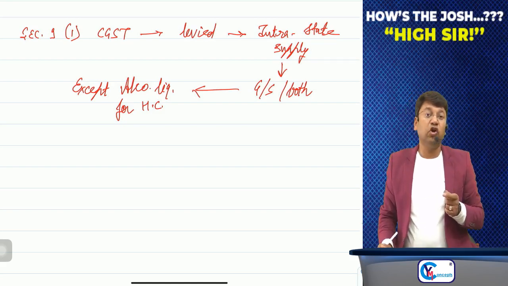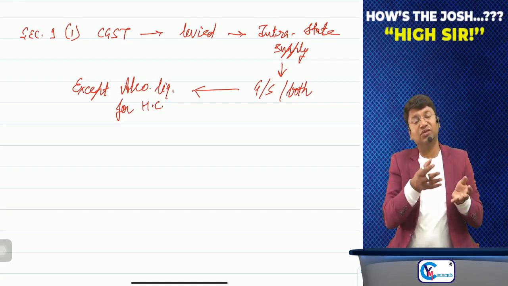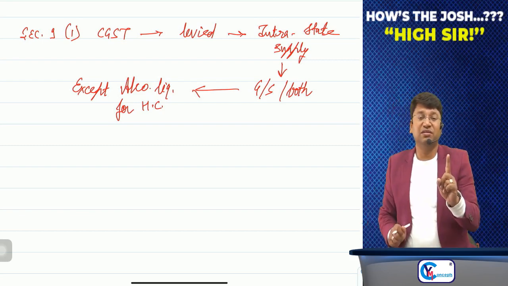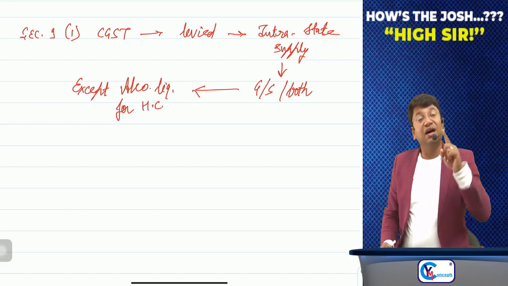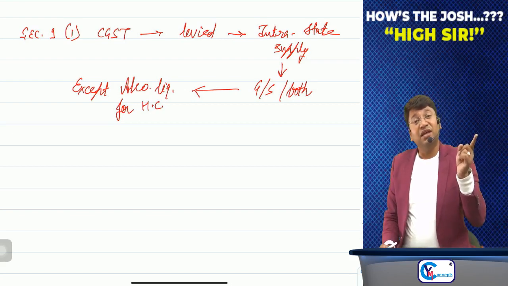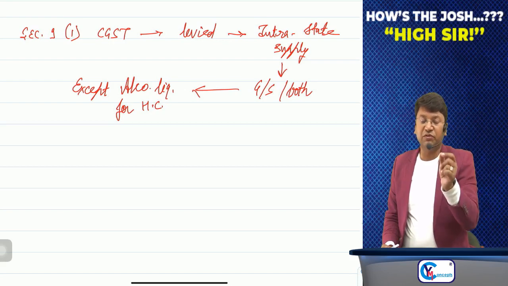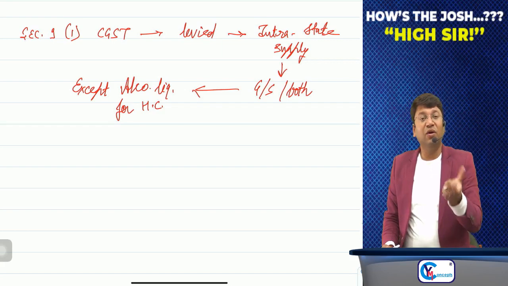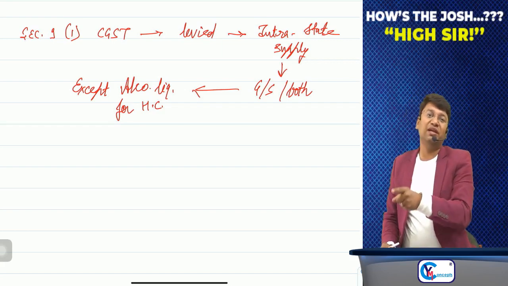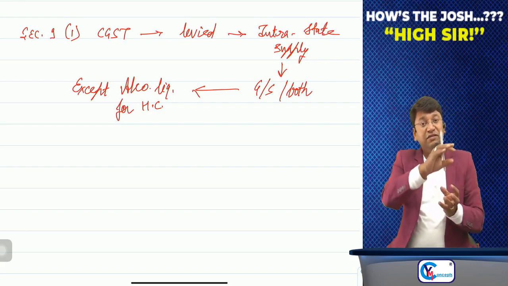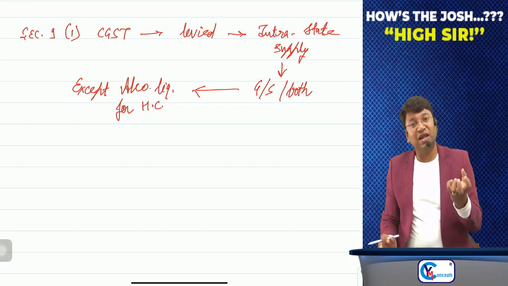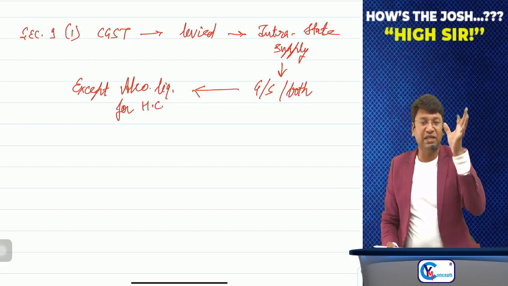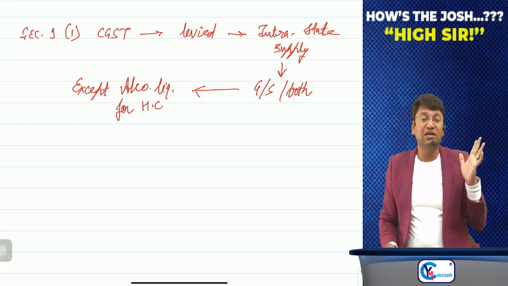If the government had merged the taxes on alcohol in GST, the state governments would lose their revenue, because earlier, before GST, excise duty was also collected by the state government as state excise duty, and VAT was also collected by the state government. So all the revenue was going to the state government only, and if the taxes on alcohol were merged in GST, the central government would also get 50% of the revenue. That's why alcohol was kept out of GST.